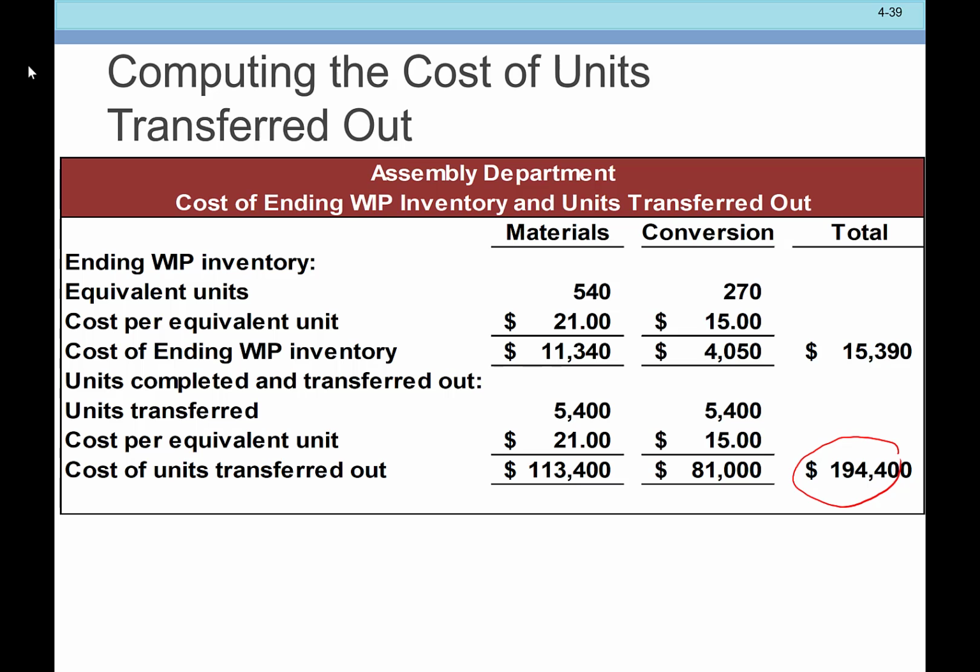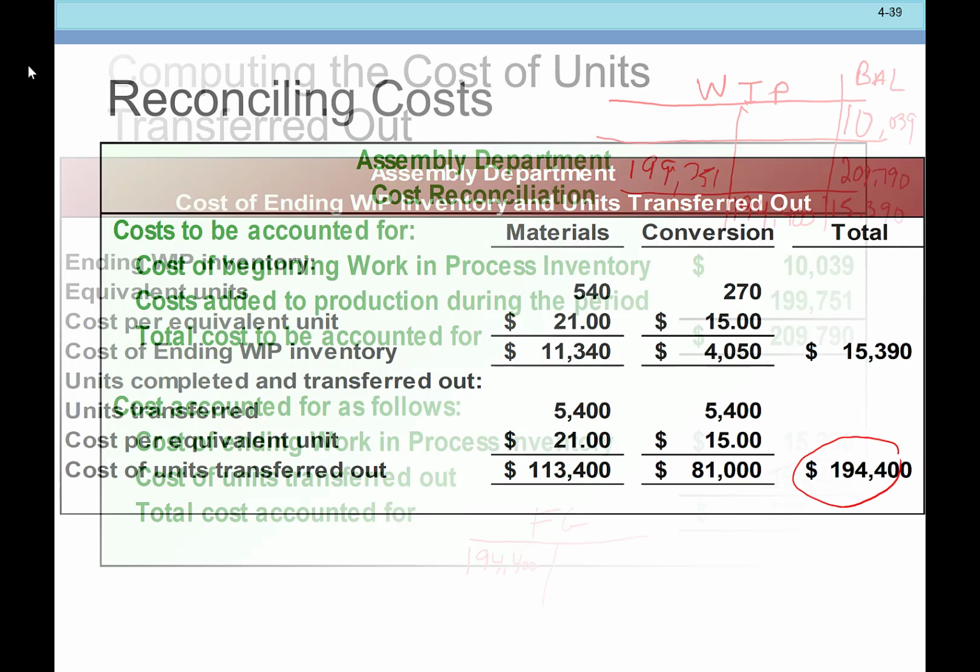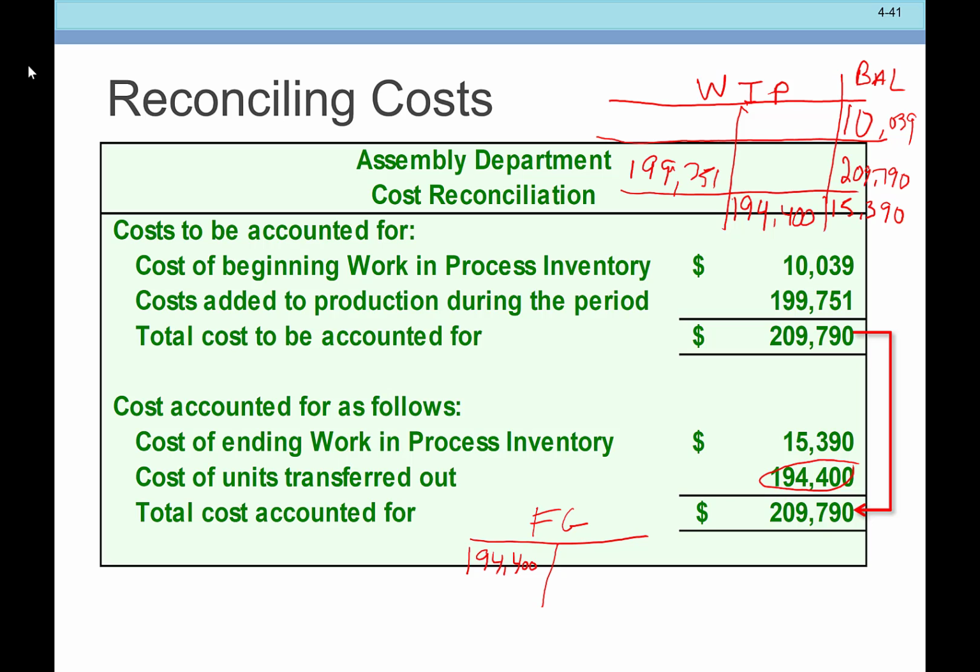And the correct entry would be to credit the work in process in Department A or Department B, and debit either finished goods or Department B's work in process. That's the number that should be left over as I've taken my beginning work in process and added my cost incurred for the period, right? And that worked. That was the number that was left.